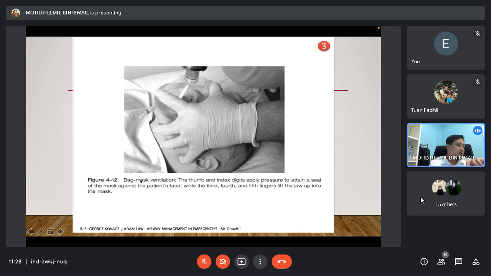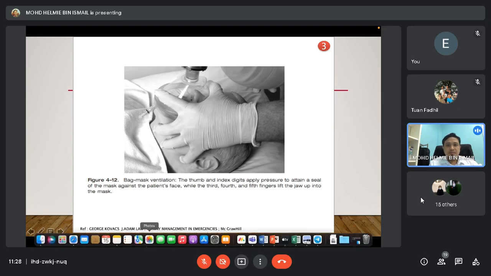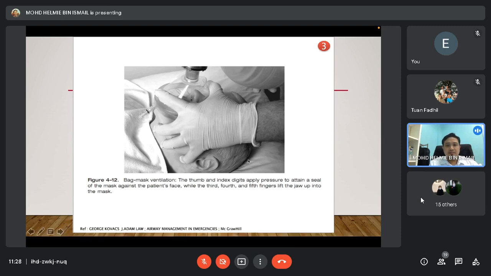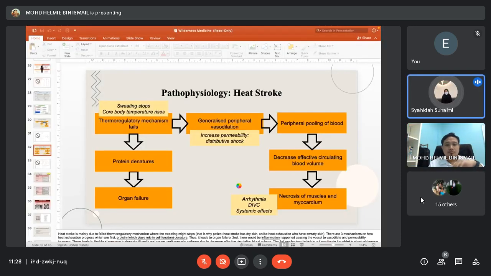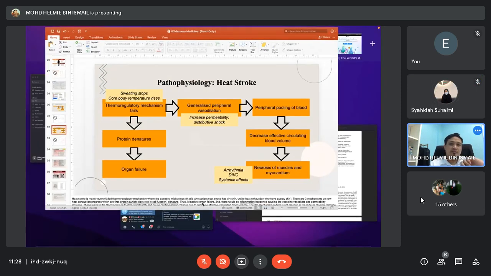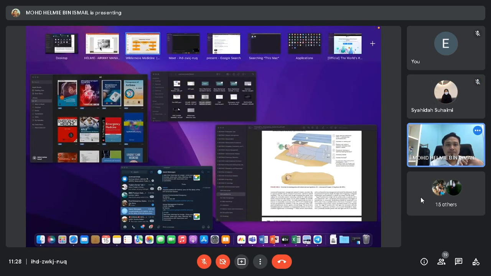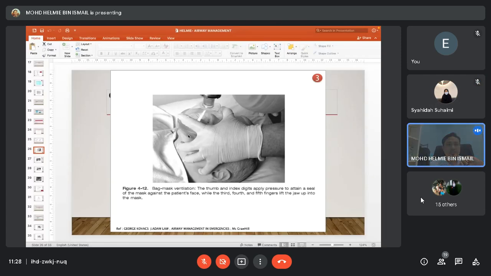I think our time is already 11:30, right? So after Dr. Nazrul's class, we will continue our lecture, and also the practical session after Dr. Nazrul's class. Okay? Is that possible? Yes, Doctor, because it's already 11:30. After this, we continue our lecture, and also we continue with the airway practical session.